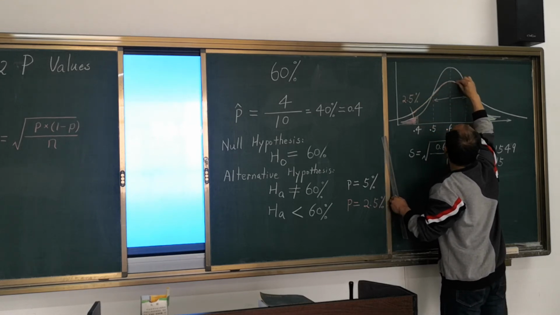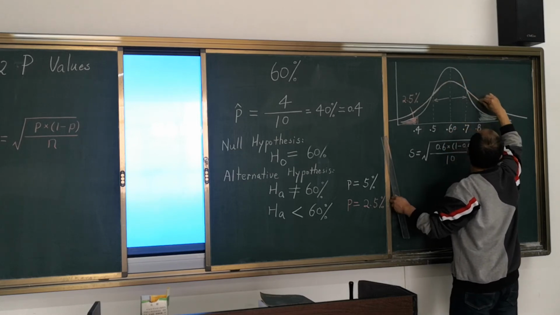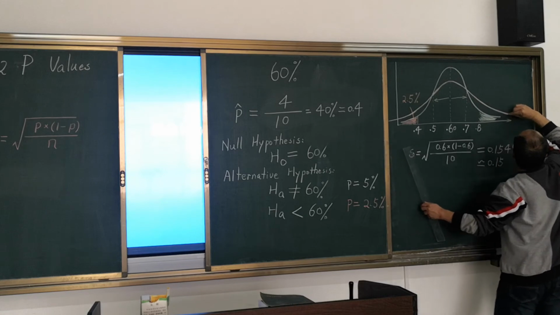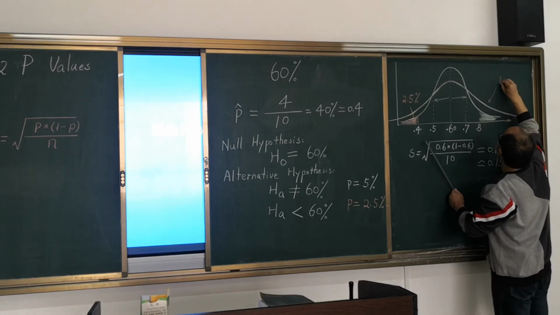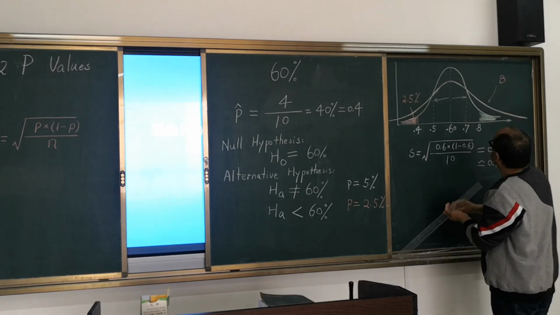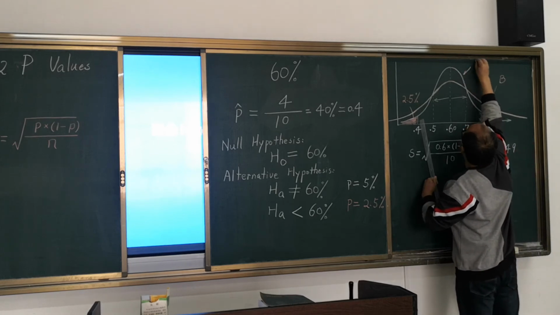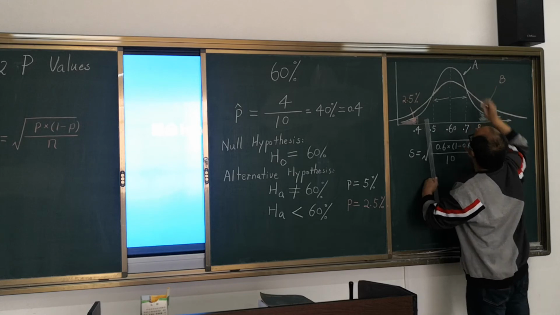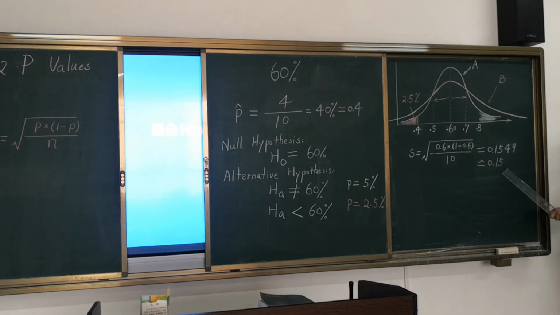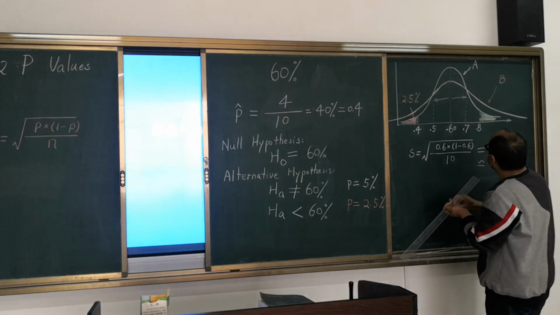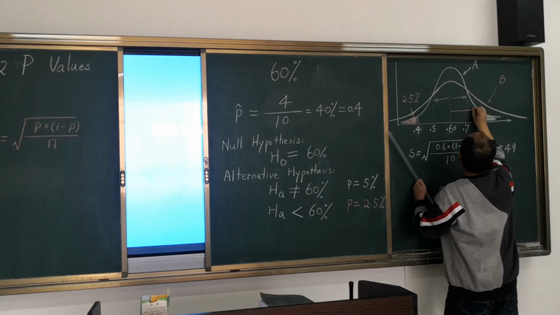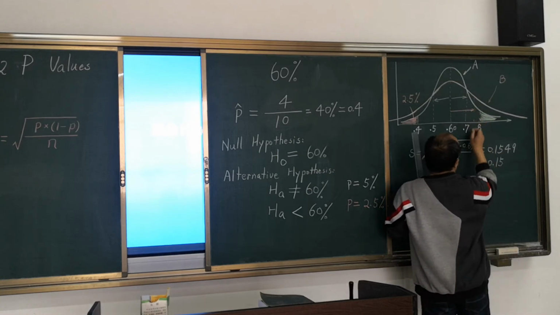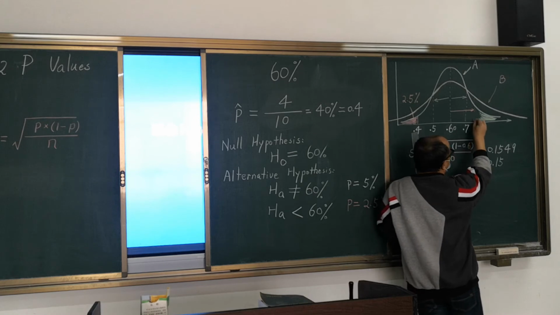The standard deviation is greater. So for person B, the one standard deviation is here. And it is 7.5. Okay?